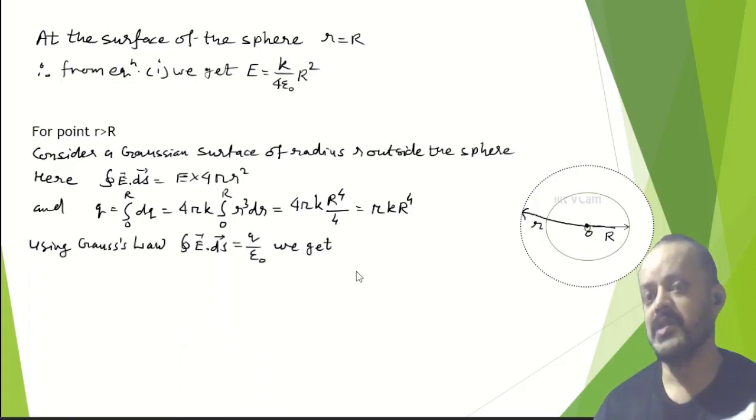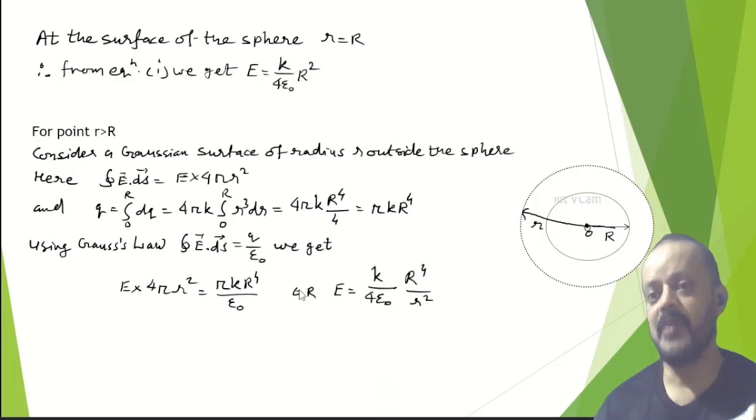Now using the Gauss theorem, the surface integration of the electric field for the closed surface equals q divided by epsilon naught. As we substitute both the values, the surface integration of E for the closed surface and the value of q, we get E multiplied by 4 pi r square equals pi k capital R raised to 4 divided by epsilon naught.